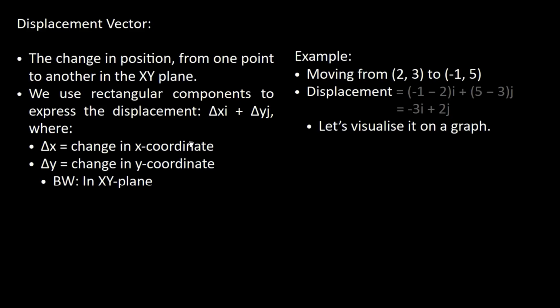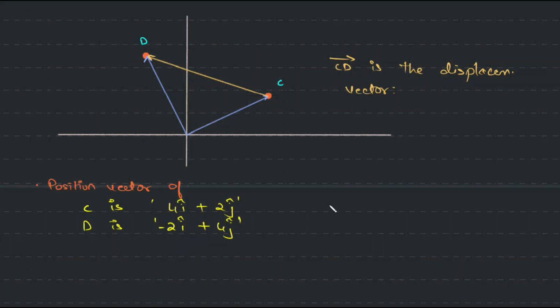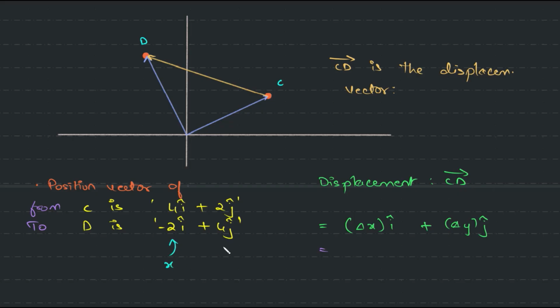So now if you have to figure out the displacement vector, all you have to do is quite simple. Let me actually remove the graph paper. Yeah, that's better. So displacement CD will be given by the change along the x-axis i cap plus the change along the y-axis j cap. This is from and this is to, remember. And that's your x component and that's your y component.